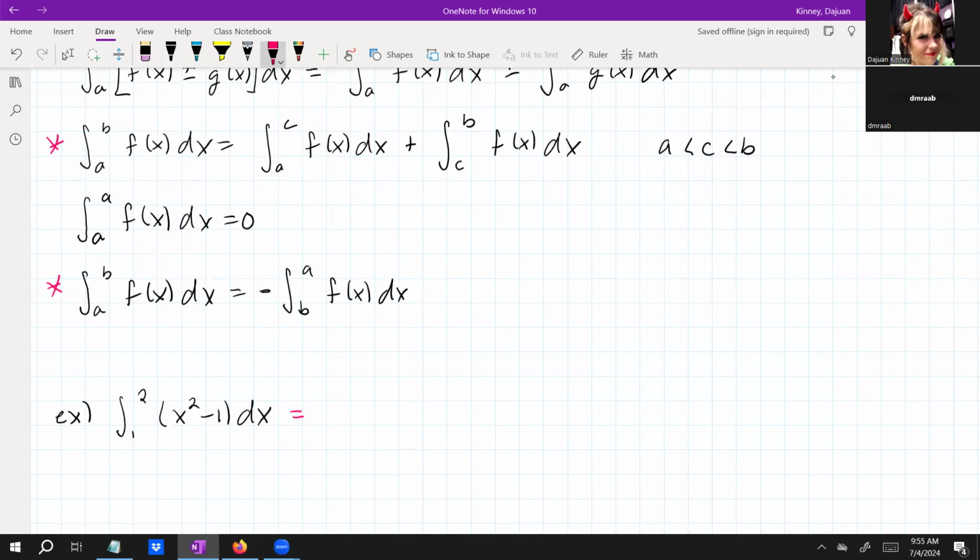So I integrate my inside function. I get 1/3 x to the 3 minus x. And we go from 1 to 2. So I like to use big brackets sometimes.